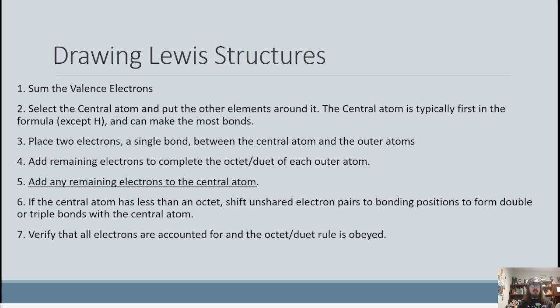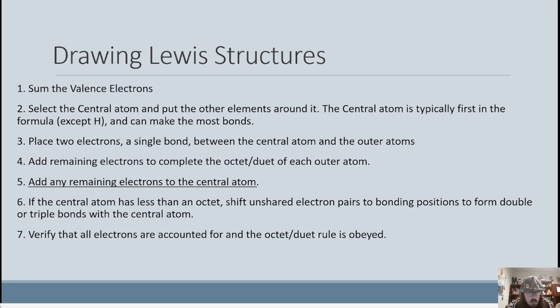So the first step is always sum up all of the valence electrons present. Knowing how many electrons you have to work with is going to be the most important thing, because you'll know, am I missing some electrons or do I need to add some electrons?